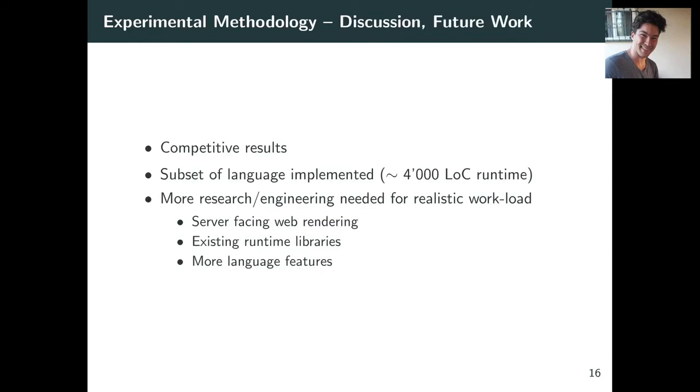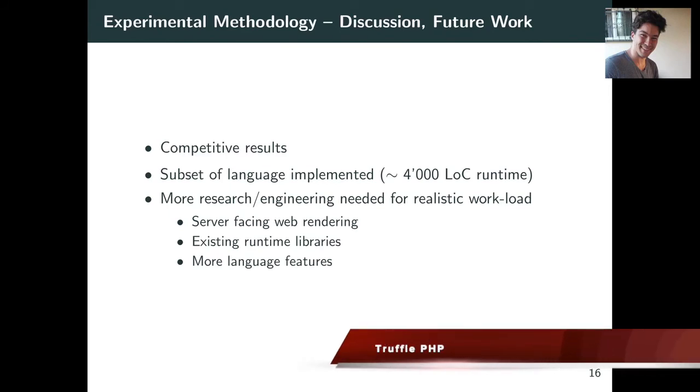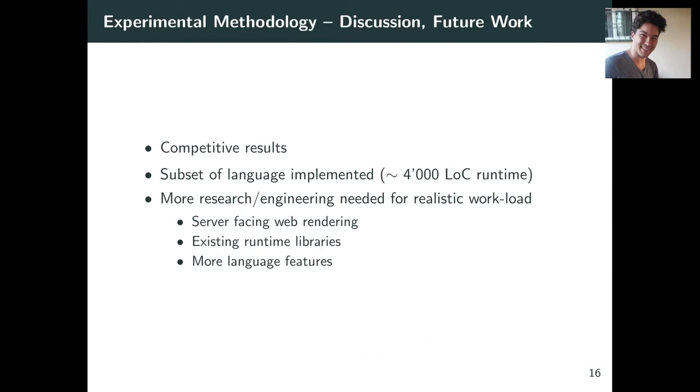So we see competitive results in this subset of the Computer Language Benchmarks Game. We implemented a subset of the language specification of PHP with around 4,000 lines of Java runtime code. In future work, more research and engineering effort need to be invested in supporting more language features and especially benchmarking a more realistic workload.